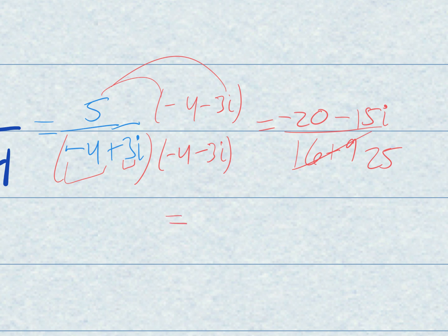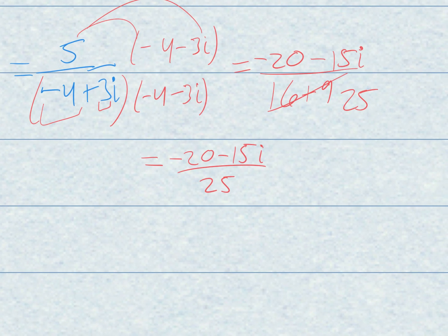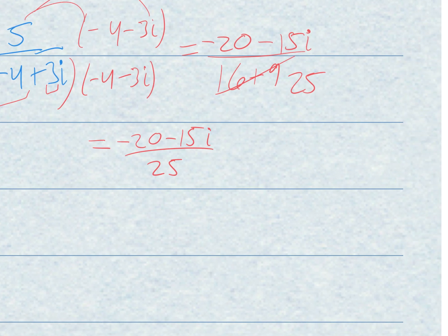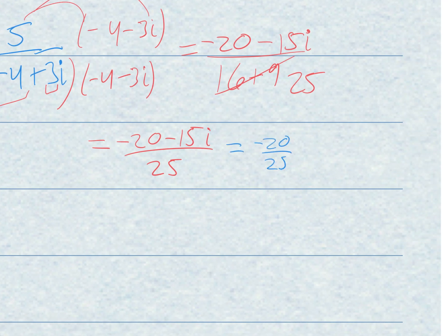So right now we should have something like this. I'll write it again just so that it's a little bit cleaner. Now to write our answer in standard form, we need to split it up into a real plus an imaginary. So we should get negative 20 over 25 minus 15i over 25.